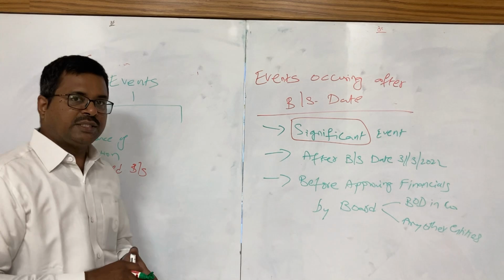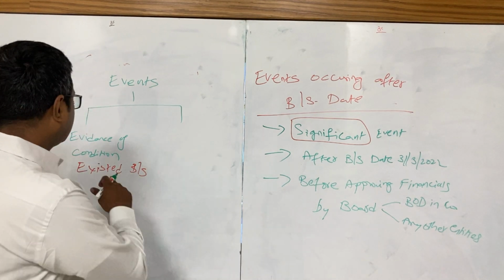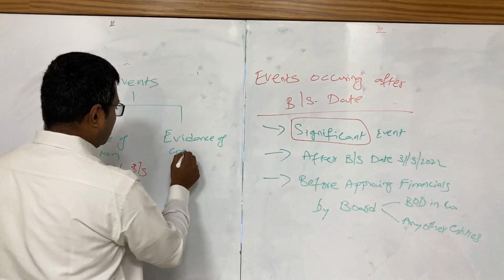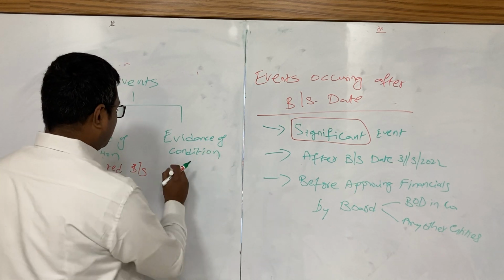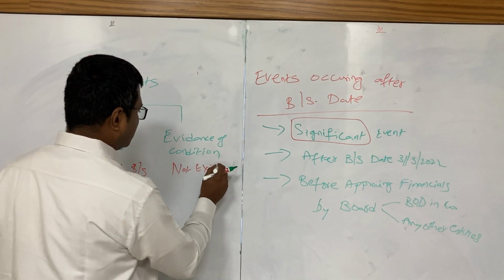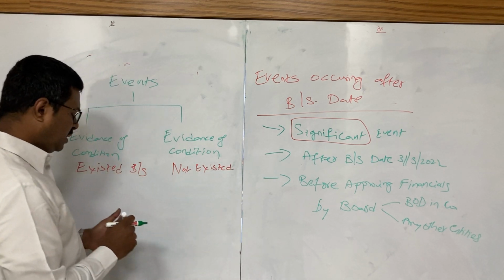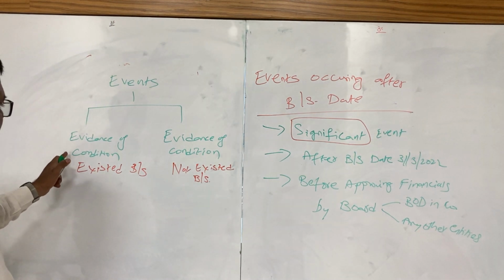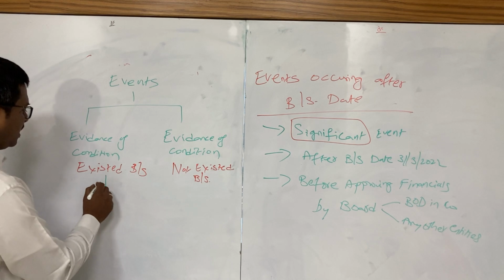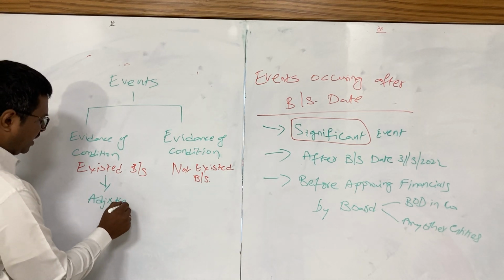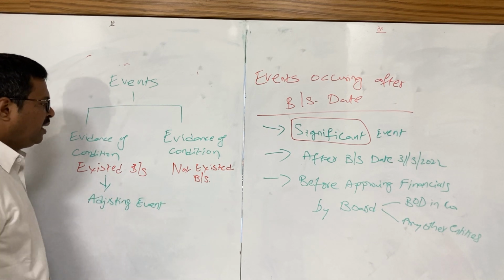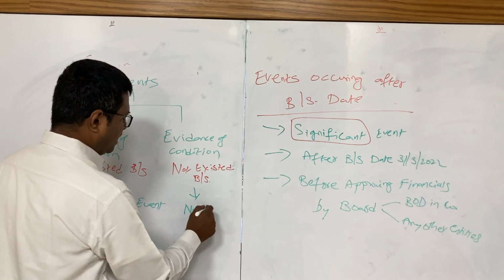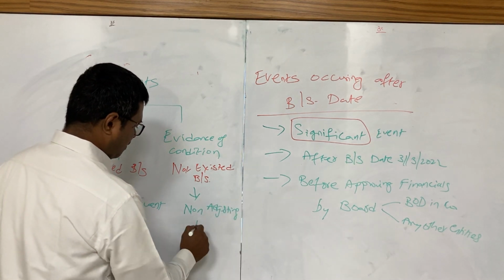Another situation is where the evidence of such condition did not exist on the date of the balance sheet. In case the condition existed on the date of the balance sheet, then it is an adjusting event. If that condition did not exist on the date of the balance sheet, then it is a non-adjusting event.